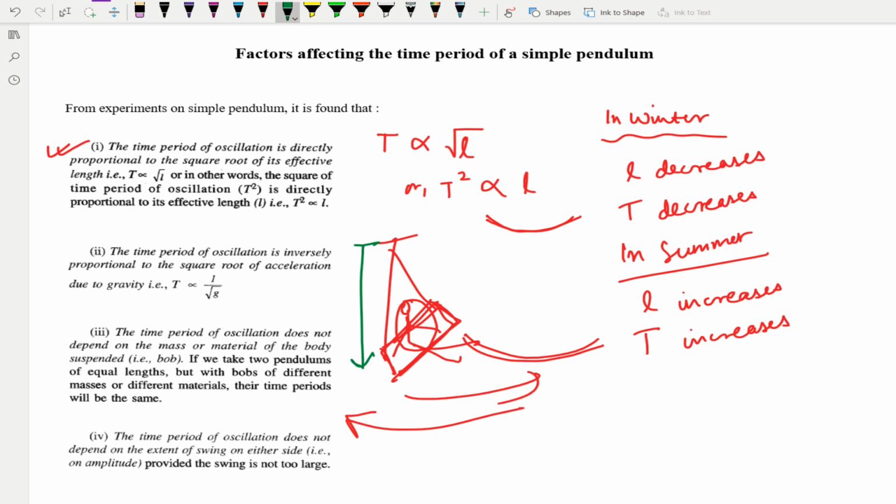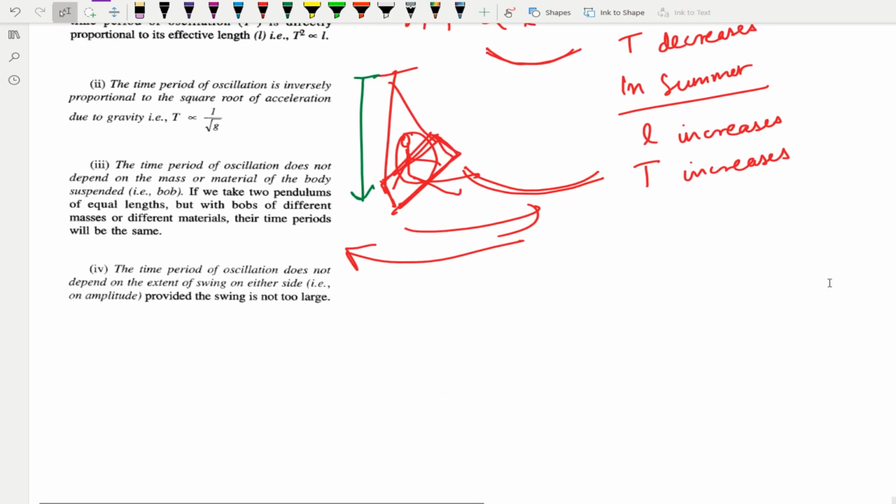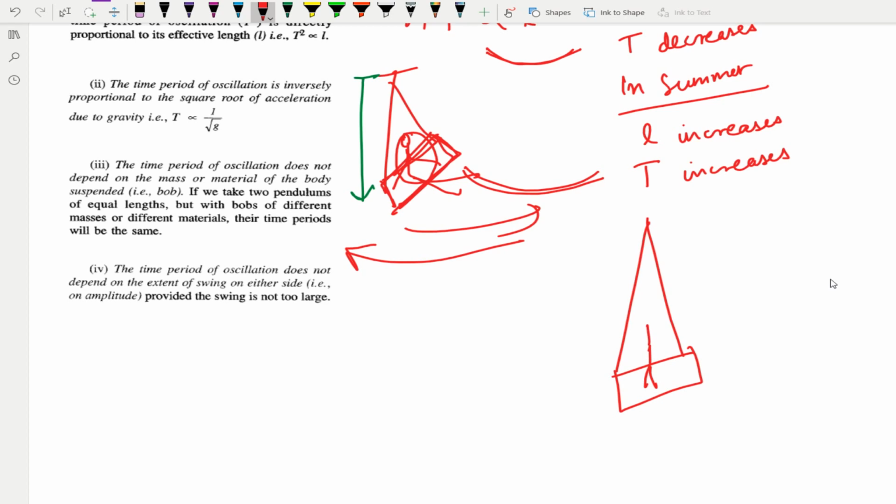Now what happens when you stand? Suppose this is a swing, and instead of sitting, you are now standing. When you stand, your center of mass shifts upwards.